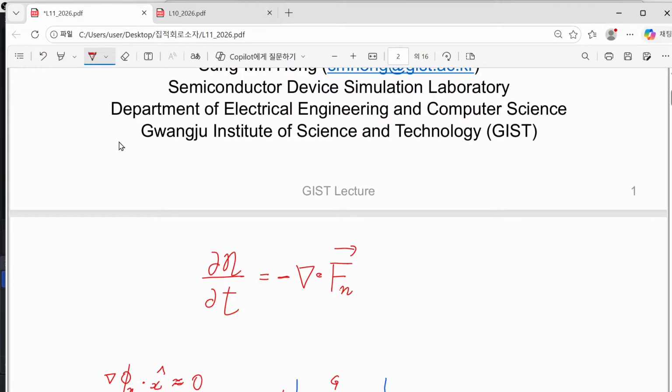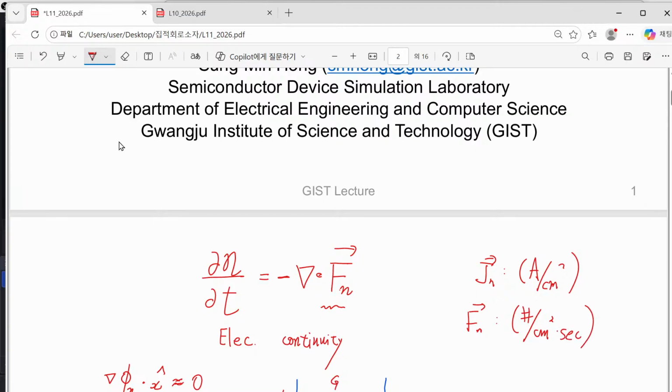This one is the form of our electron continuity equation. Or maybe you are not very happy with this newly introduced F sub n, but you have seen it before. When we consider electron current density, we also introduce flux, the electron flux. Jn has a unit of ampere per square centimeter, but you remember that flux corresponds to the number of particles per unit area per unit time.